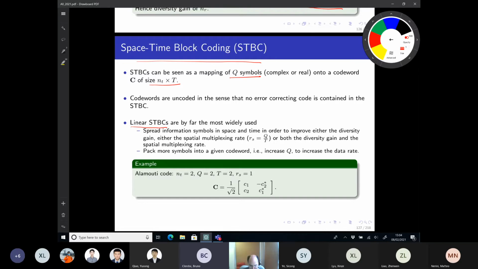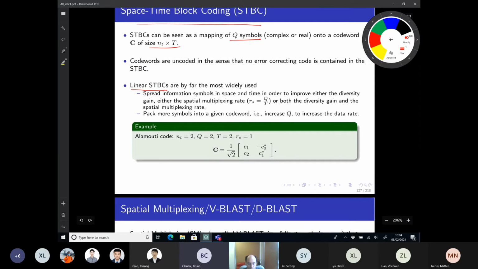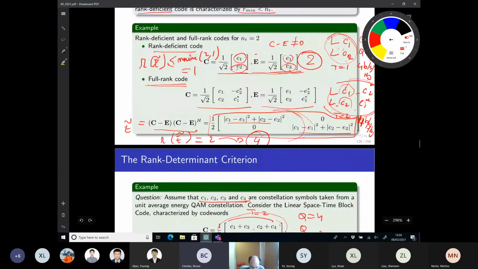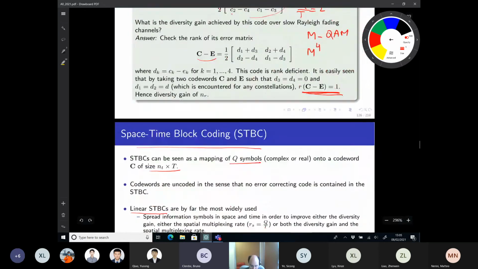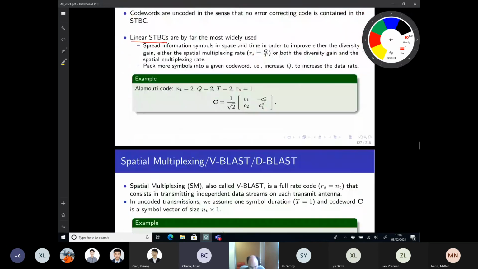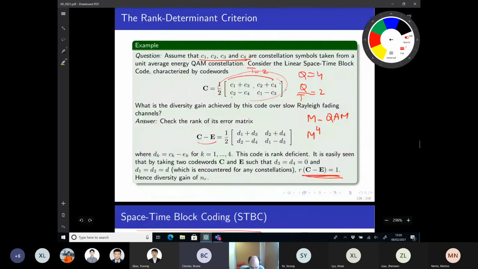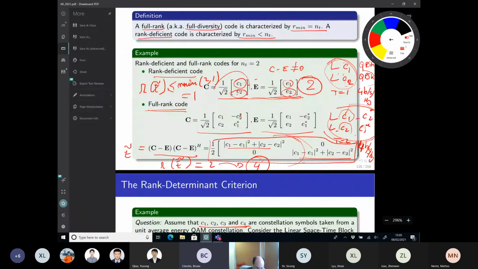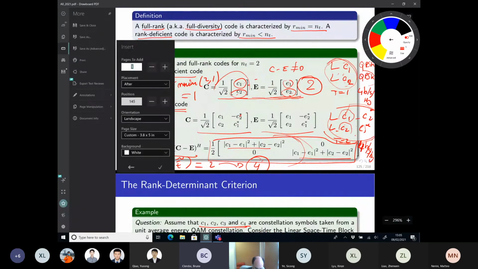One example of this is the one we have used already. All the examples I gave you, this one, this one, are all examples of linear space-time block codes. And the reason for that is that you can write this one here, for instance. How can you write this? For instance, you can write this as follows.